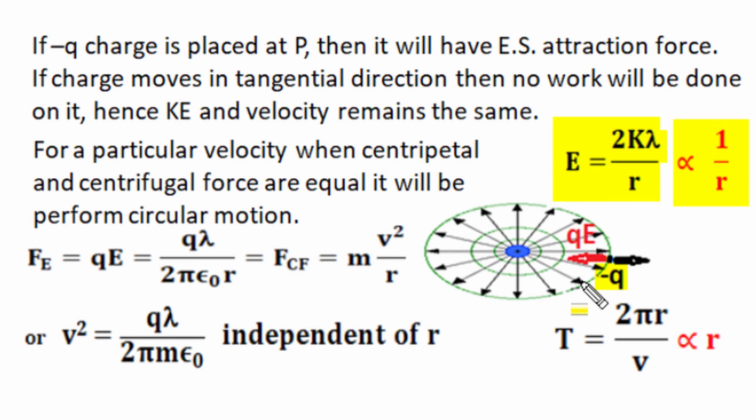Now in this motion, when this mass m moves with velocity v, it will have a centrifugal outward force mv squared upon r, and if the outward centrifugal force and inward electrostatic force become equal and opposite, then that equilibrium will have this relationship, and here r in the identical denominator position will cancel out, and the equilibrium circular motion velocity squared has this relation which is independent of r.